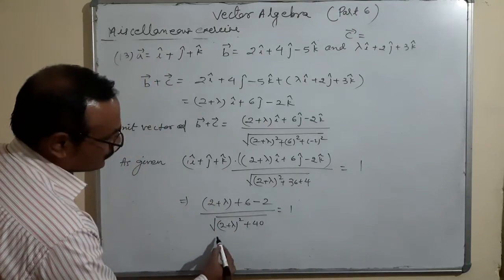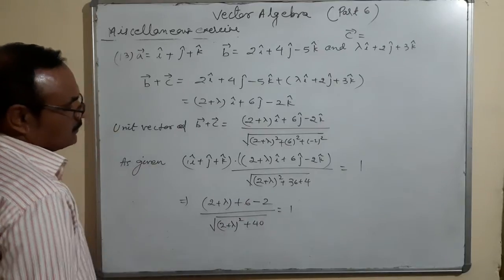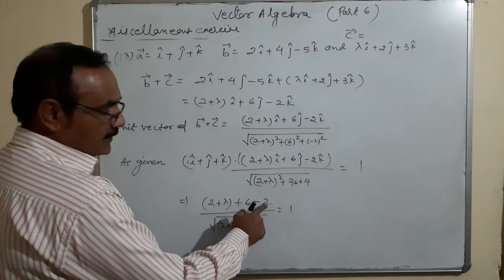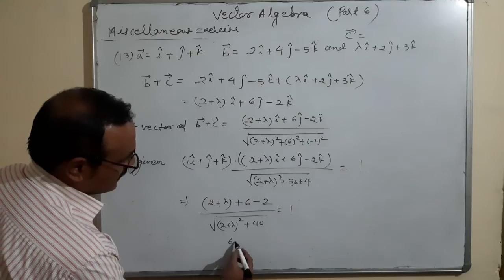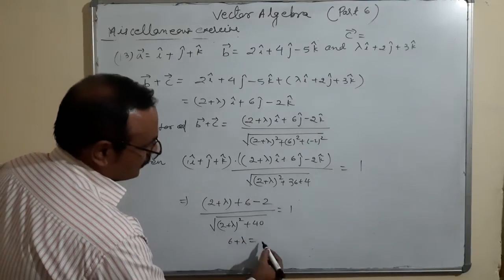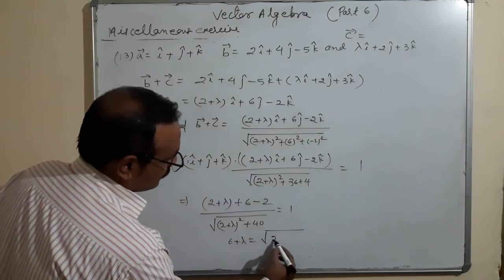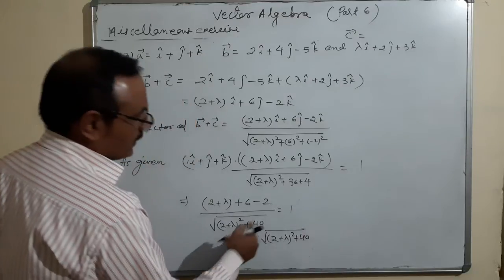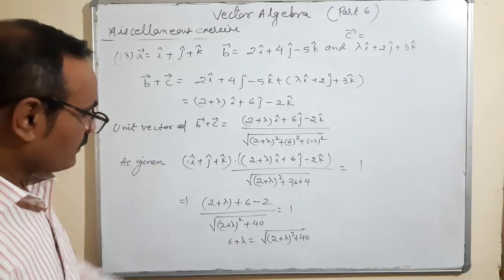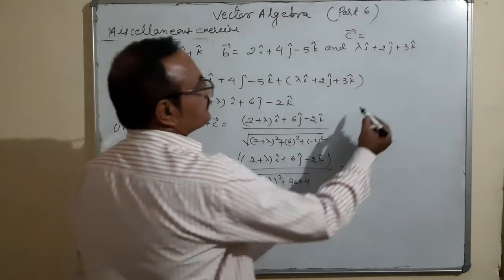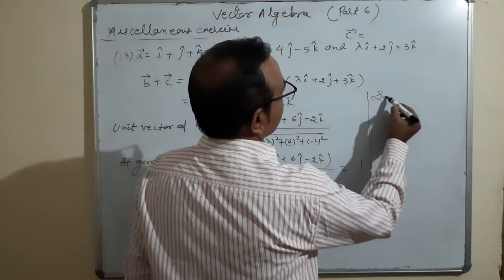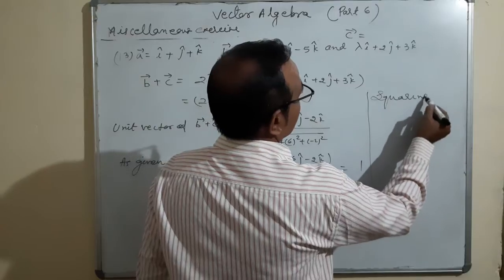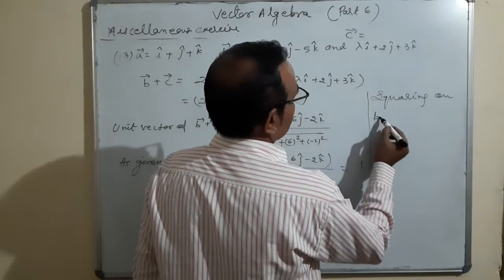So it is coming 2 plus lambda plus 6 minus 2, so this 2 and 2 cancel. 6 plus lambda is equal to the square root of (2 plus lambda) whole square plus 40. This term will be shifted here. Squaring on both sides.